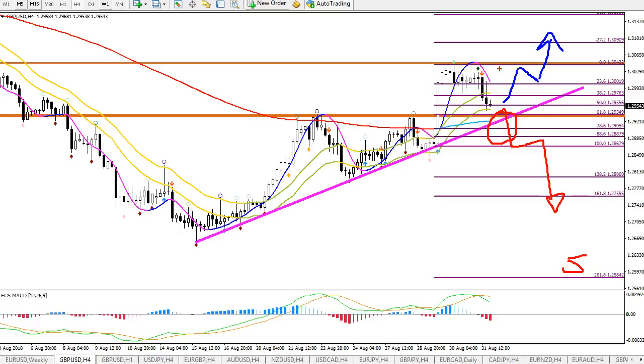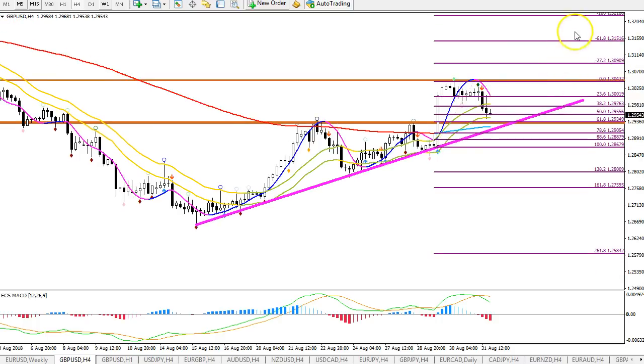But then it's probably going to be a bigger kind of correction, maybe even a wave 3 type of formation here, a pattern that should extend a little bit further. You could see price going up to these fib targets.